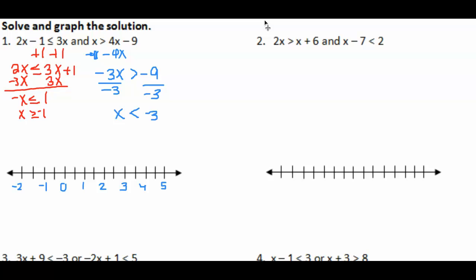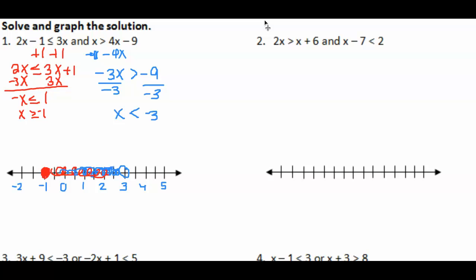So open circle at 3, shade right, closed circle at -1, and then you shade to the right. Sorry, so the open on 3 was to the left, closed on -1 to the right. So where they overlap is your solution.